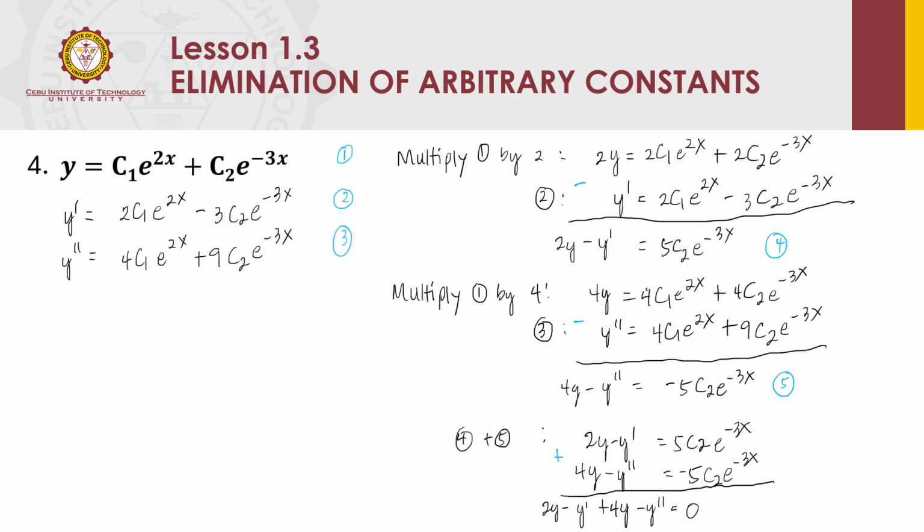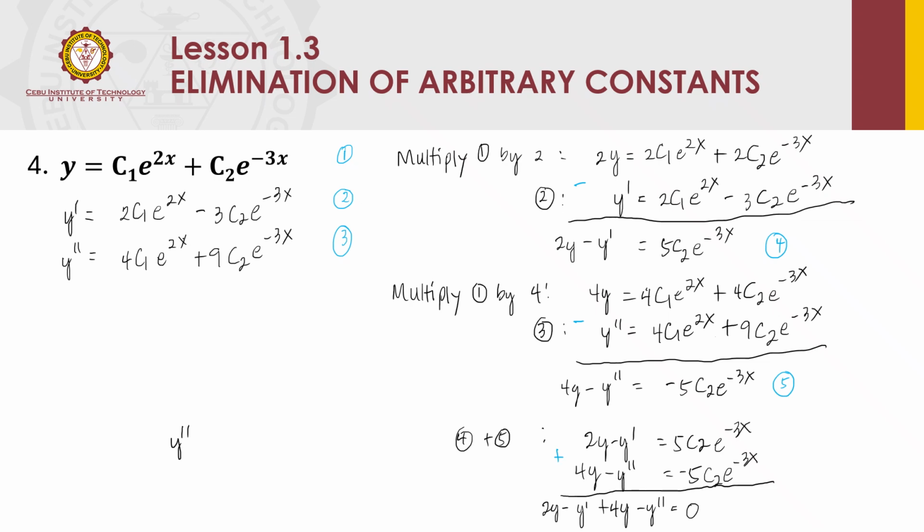So let's just arrange the terms for our final answer. Let's transfer all terms to another side so that the first term, the second derivative, would have a positive sign, meaning we can multiply the whole equation by negative 1, and then arrange the terms and combine the similar terms.